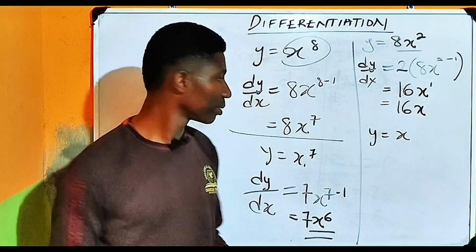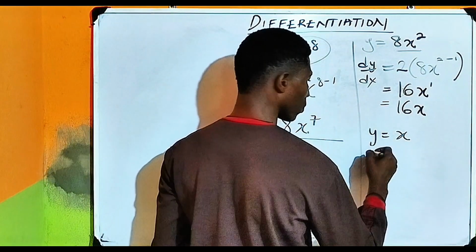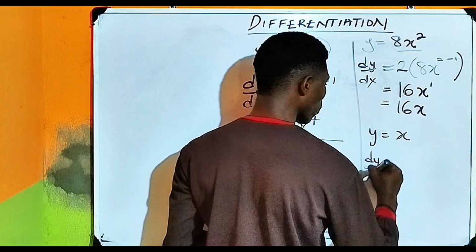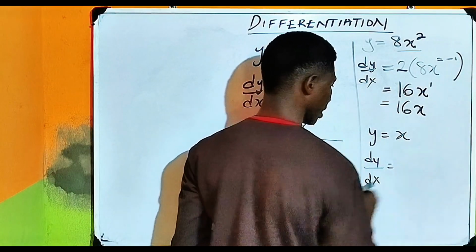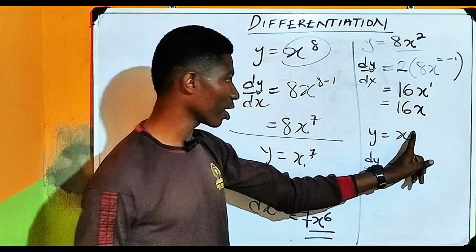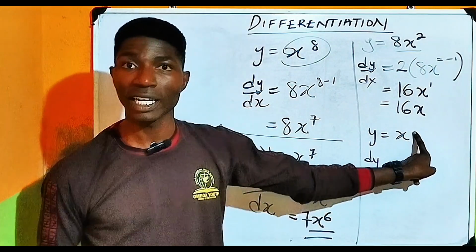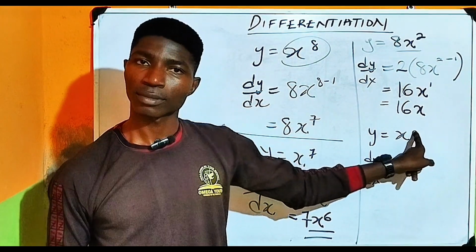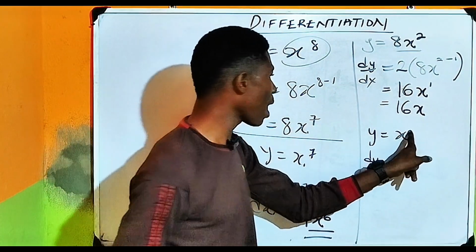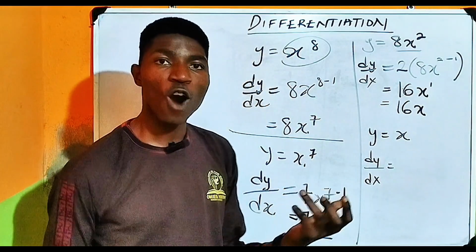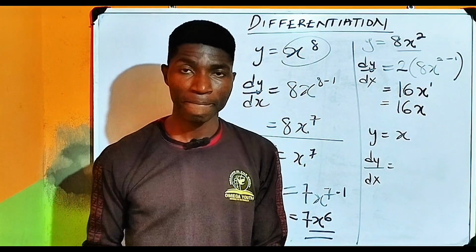The last and final example for today is y is equal to x. First of all, differentiate y, we have dy over dx. The first step, you should take the power here. What is the power here? The power here is 1. Any number to the power of 1 is that same number.